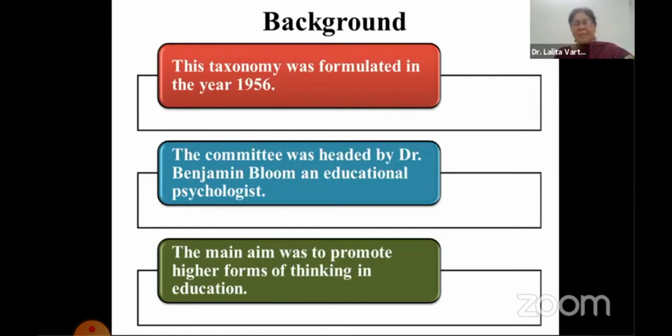And the main aim, as I said, was to promote higher forms of thinking in education, what we popularly call HOTS, higher order thinking skills. It has its origin in the year 1956.